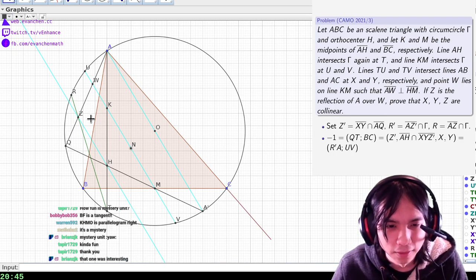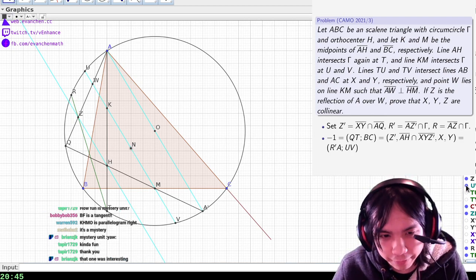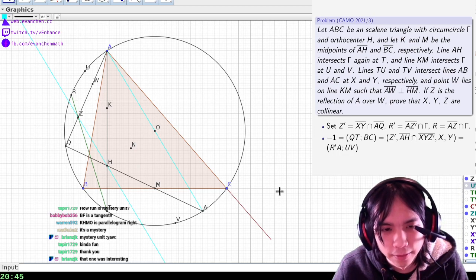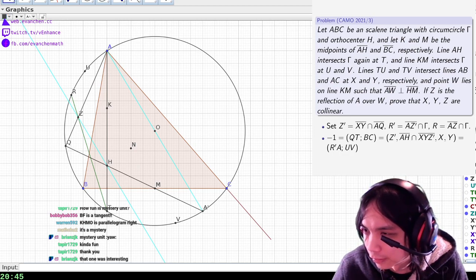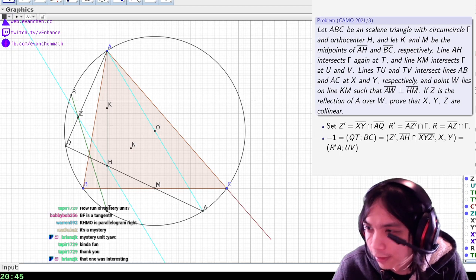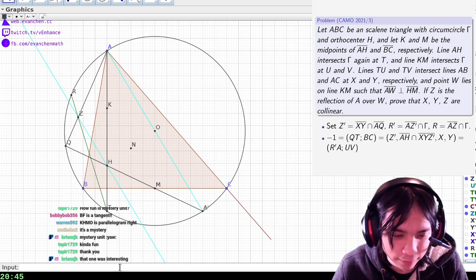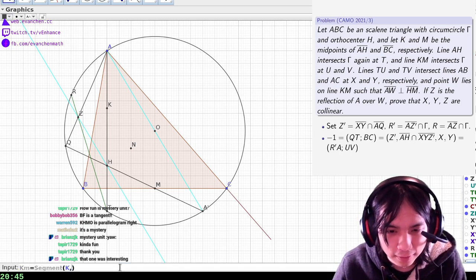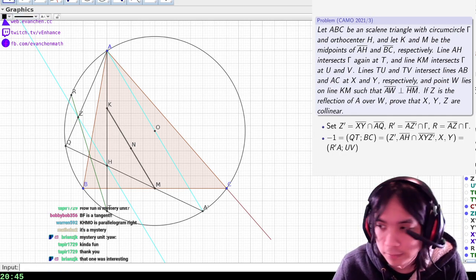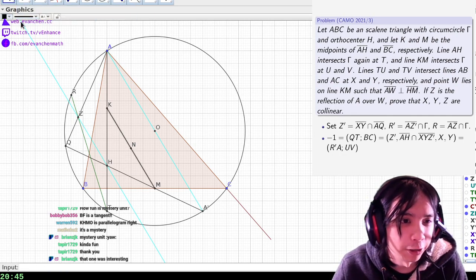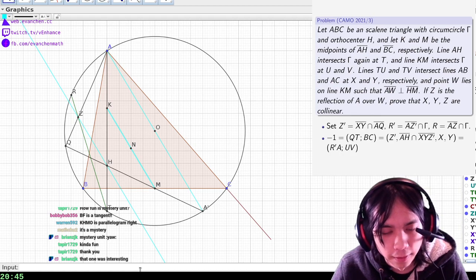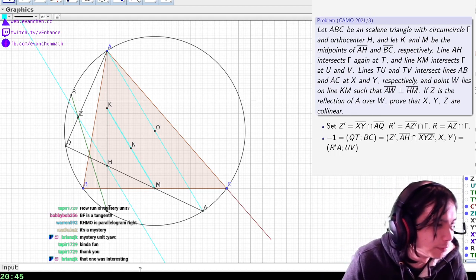Okay, so now we can hide U and V, which is great. All the points are disappearing. Yeah, that's the best thing. I'm gonna keep coloring all these parallel lines cyan so I don't forget.